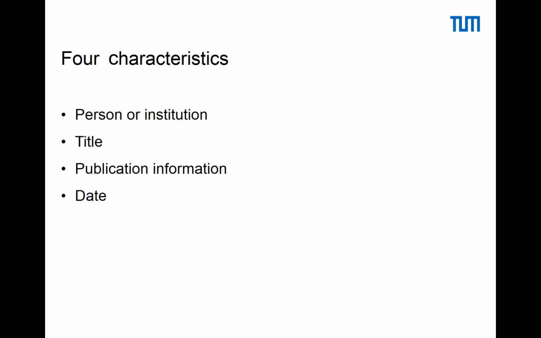These are the person or institution that wrote or created the source, the title or name of the source, and the publication information, so where the source was published, for example in a publishing house or on a website. Last, the date on which it was published. Depending on the document type, this information looks different. There are often additional features that make it easier to identify the sources.